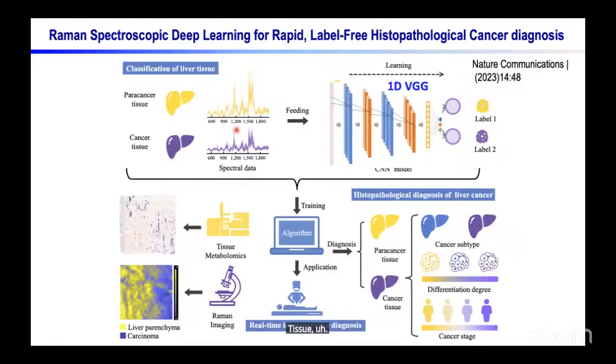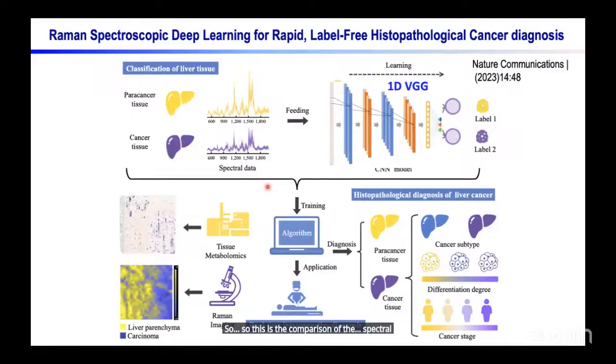In this case, you have the contrasting Raman spectra of the tissue. Either it is normal, so the yellow one is normal, or it is a cancer tissue. So this is the comparison of the spectra.